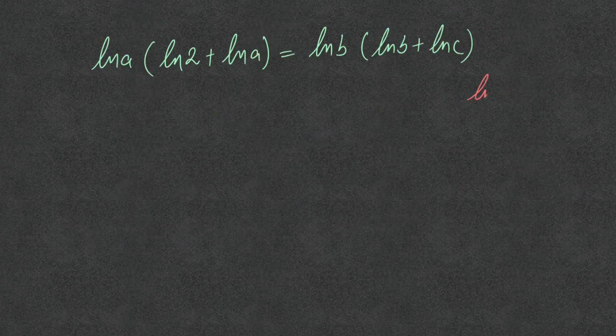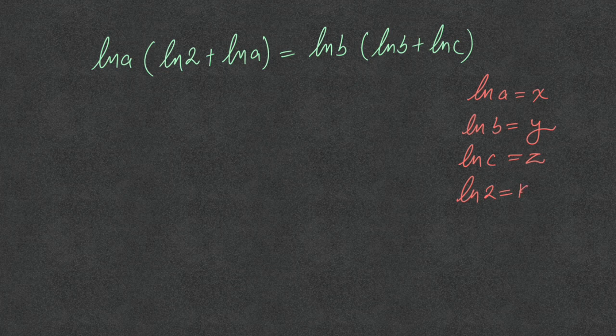Now let log a be equal to x, log b equal to y, log c equal to z, and similarly log 2 equal to k. Because a, b, c are distinct numbers, their logs will also be distinct, and log 2 is a constant, so I'll write it as k.